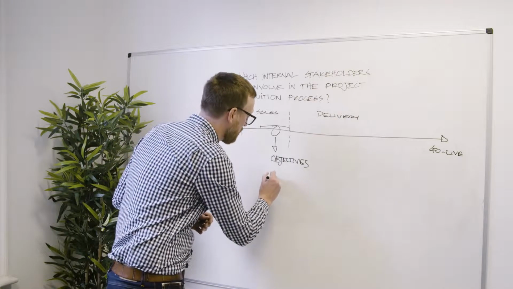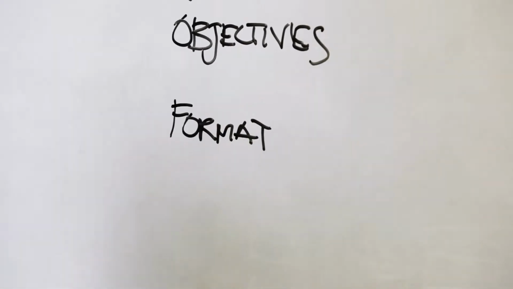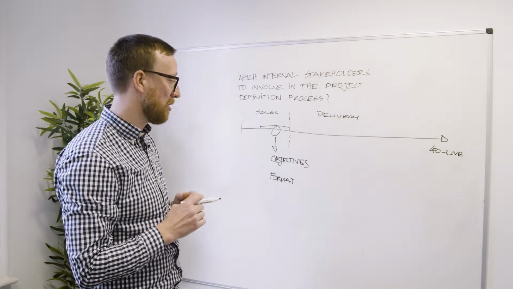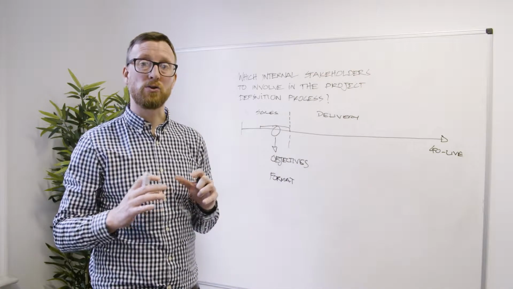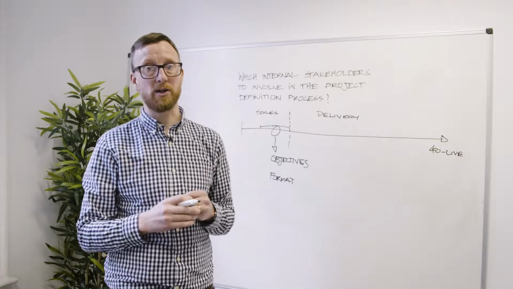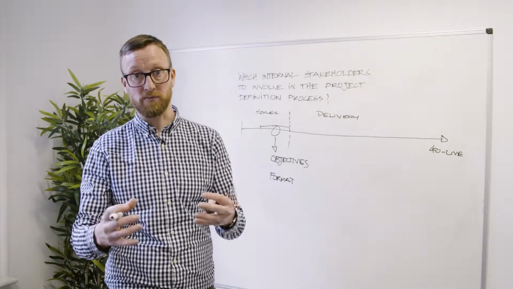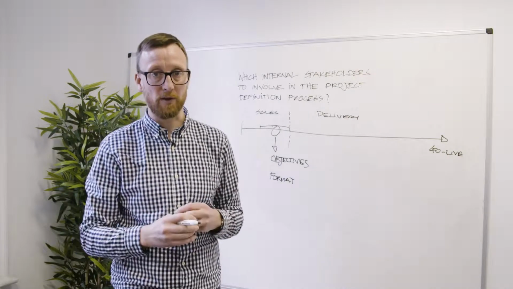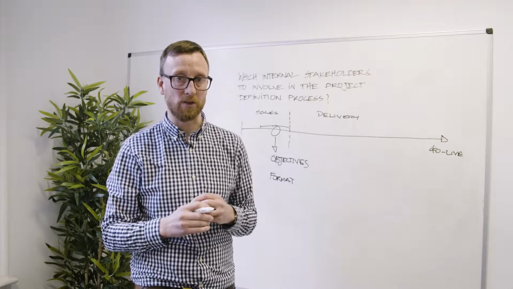Now, what's the format of that session? Well, if we talk about it in three parts, we would start with a presentation by Dealflo to make sure that all attendees, all stakeholders, have a thorough understanding of Dealflo, the Dealflo proposition, and the contract enforceability that is the USP of the Dealflo solution. So a presentation to the group.